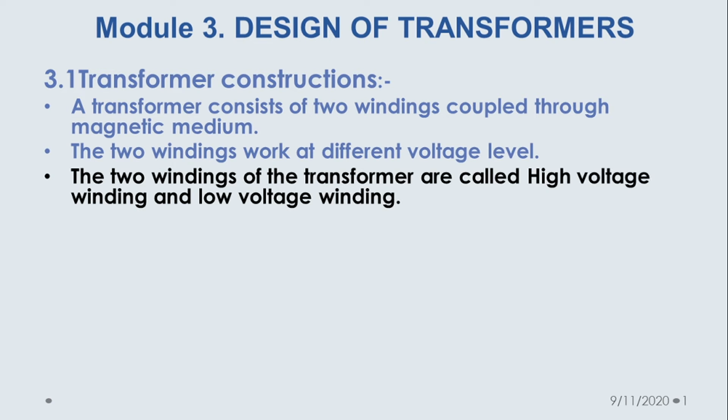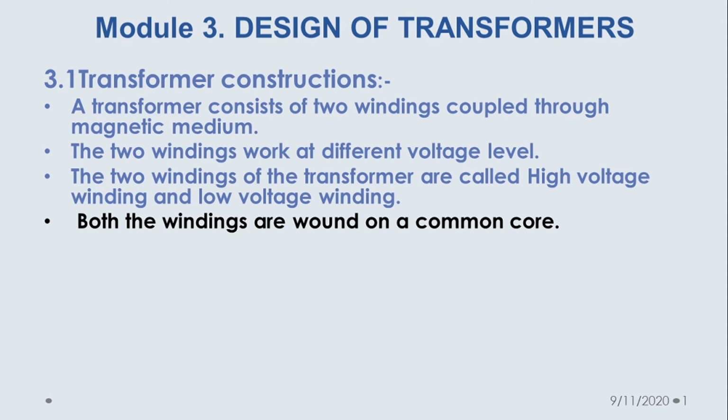The two windings of the transformer are called the high voltage winding and the low voltage winding. If it is a step up transformer, primary will be the lower voltage and secondary will be the higher voltage. If it is a step down transformer, primary is high voltage and secondary is low voltage. Both windings are wound on a common core, so they are not separated into different circuits.